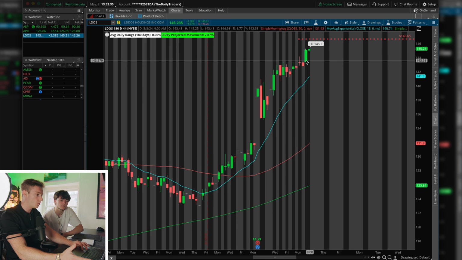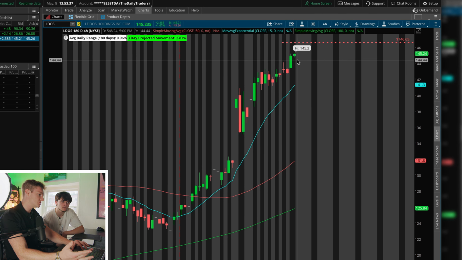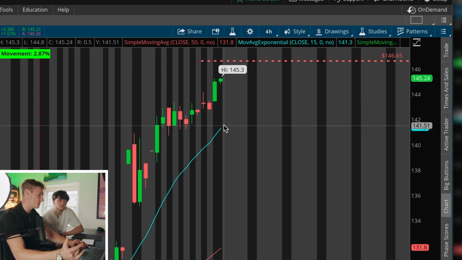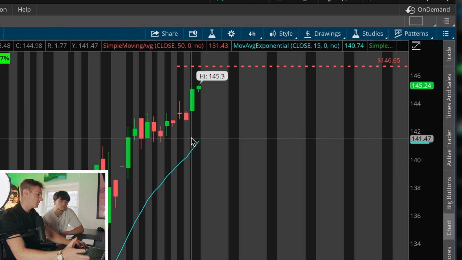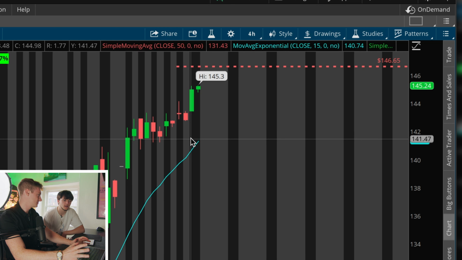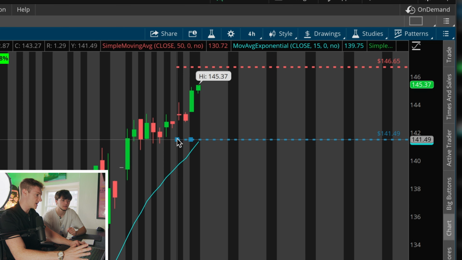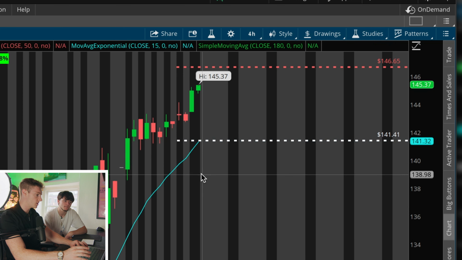What do you think about looking to see a pullback toward the 15-day EMA and taking profit if we get to that level? I think it would start pulling back a little bit, toward the 15-day. So let's put our take profit just at or slightly above the 15-day EMA.